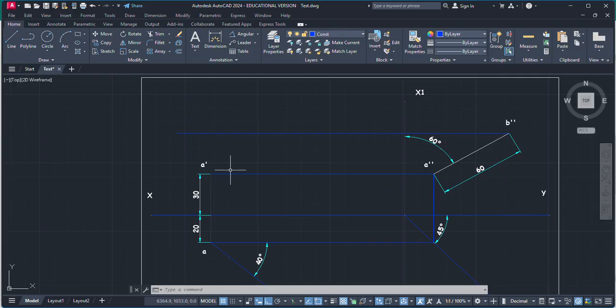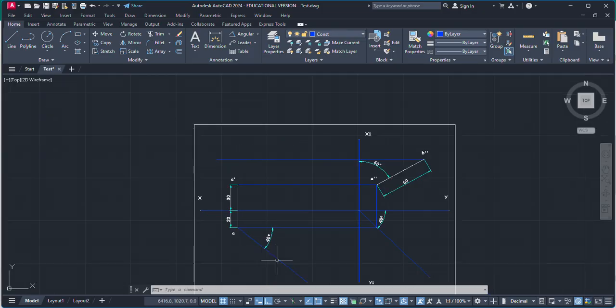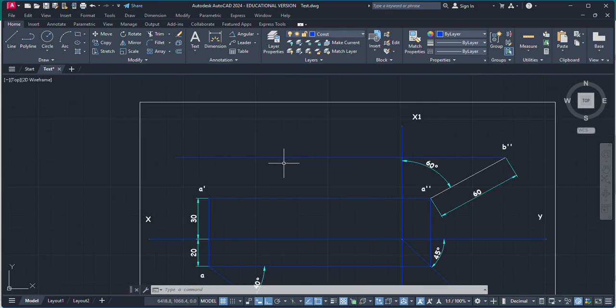We are supposed to have one true line and one apparent line here, and we have one true line but length is not fixed, and one apparent line here. So in front view with this locus, you can understand this, the endpoints of true and apparent line will lie on this horizontal line because we have considered this locus from this B double dash. Again for the top view, this is for the front view.